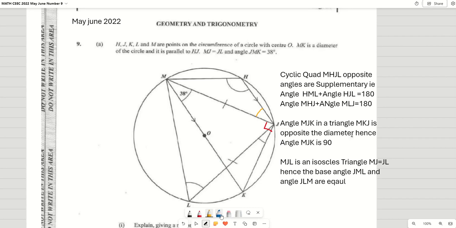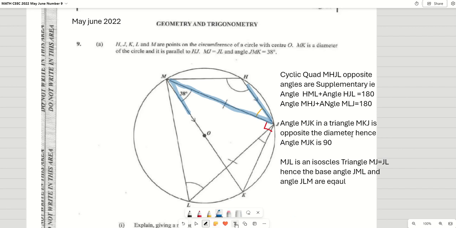However, if you trace this along, you are seeing a Z. We call it alternate angles. Once you see that Z shape, the internal angles found in the Z are equal. So that would be why HJM, the one I colored with yellow, is equal to 38.